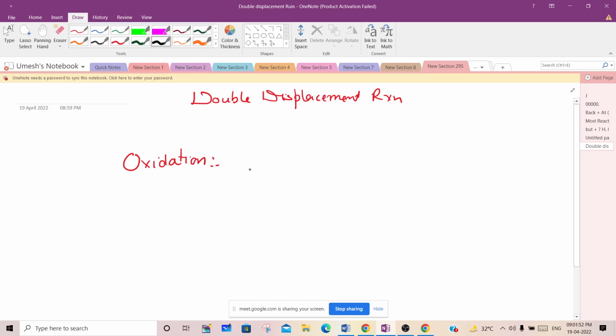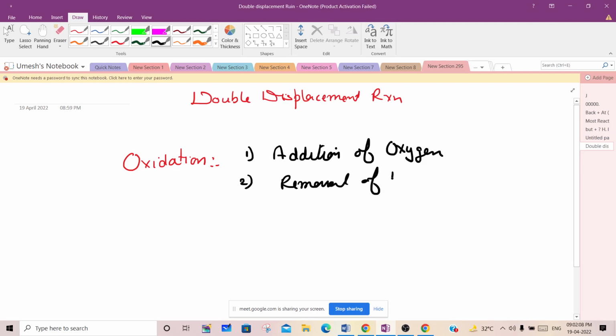Oxidation means addition of oxygen or removal of hydrogen. If this takes place, it is called oxidation.